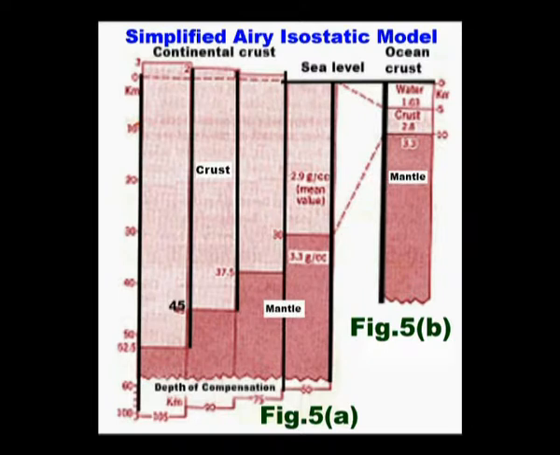The depth of compensation is variously estimated to be as shallow as 55 kilometers to as deep as 120 kilometers. The diagram clearly illustrates this to you. At present, earth scientists consider about 60 kilometers as the working model distance. We can recollect that Pratt considered this at 100 kilometers in his hypothesis on isostasy.